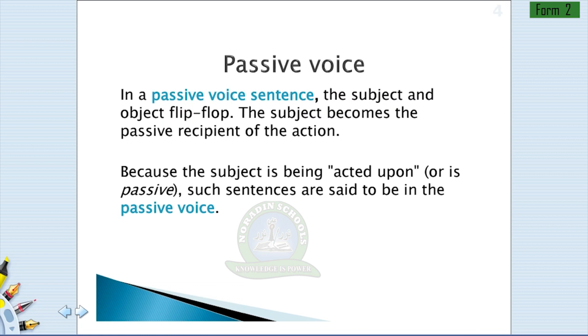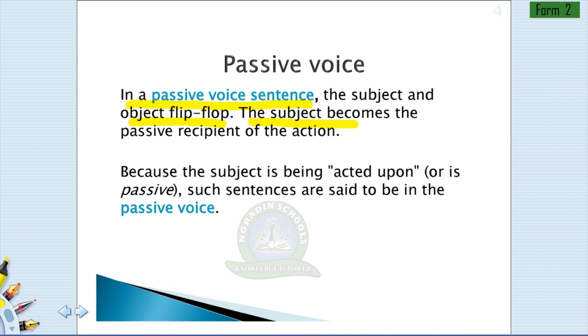Here we have passive voice. In passive voice sentences, the subject and object flip-flop. The subject becomes the passive recipient of the action.